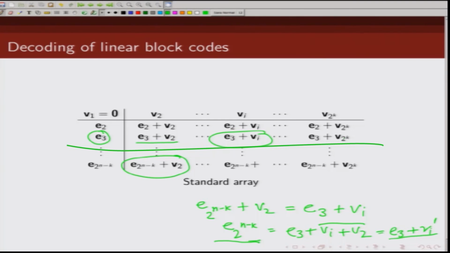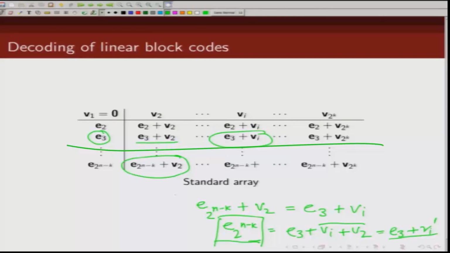That means we made a mistake in selecting this error pattern. Note what did we say? We are choosing these error patterns in such a way that in the previous rows this error pattern has not appeared. But here we have shown that if these two vectors in the standard array were the same, then this error pattern is already there in the row containing E3.